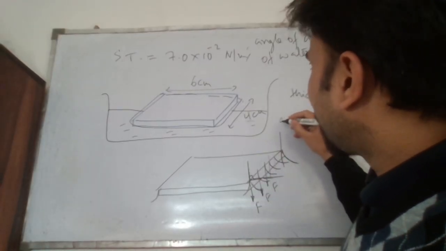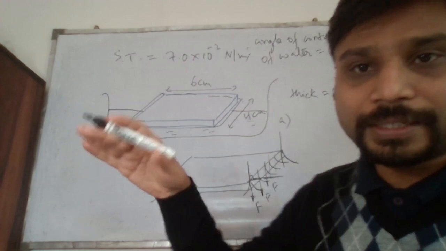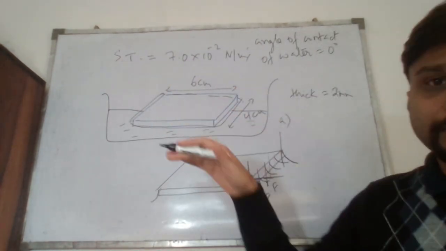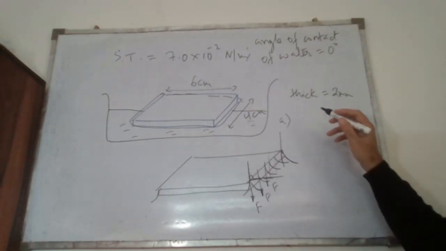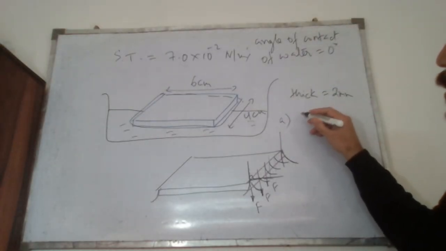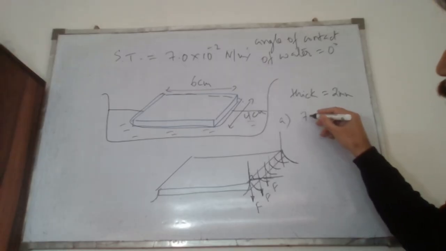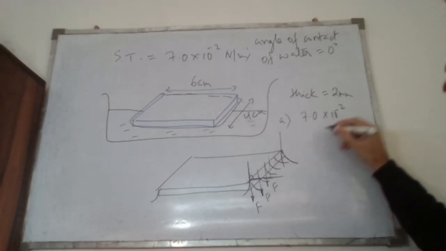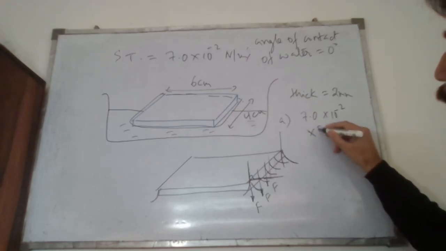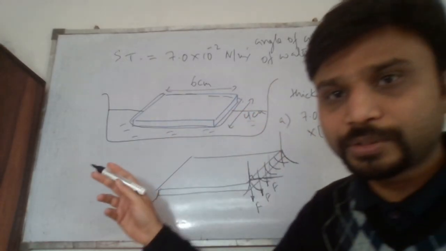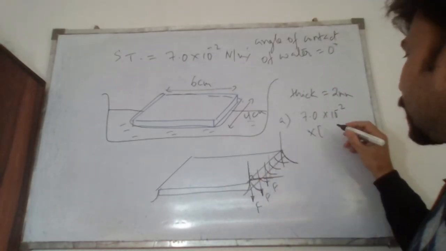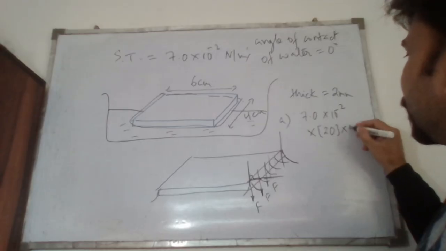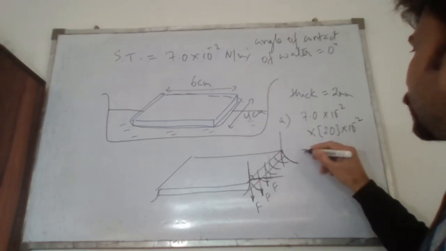The question has different parts. The first part is that the plate is dipped like this. We'll say 7.0 into 10 to the power minus 2 into 6 plus 4 times 2. That would be 20 centimeter, or 20 into 10 to the power minus 2.